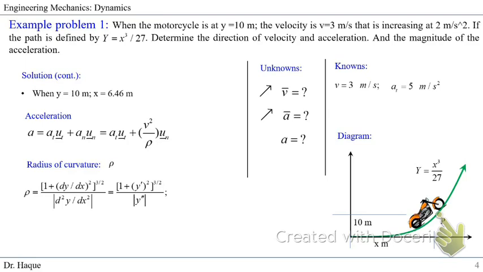So if we simplify it, we have 1 plus y prime, the first derivative, squared, to the power 3 by 2, and in the denominator we have the second derivative of y.